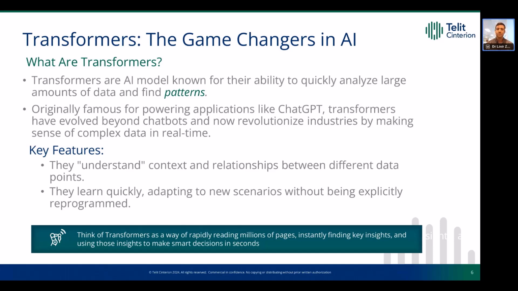They learn quickly, adapting to new scenarios without being explicitly reprogrammed, so there's no need to always update the model. You'll see in the next couple of slides again how exactly it does this. But essentially, you can think of it as a way of rapidly reading millions of pages, instantly finding key insights, and using those insights to make smart decisions in seconds, even faster than that.